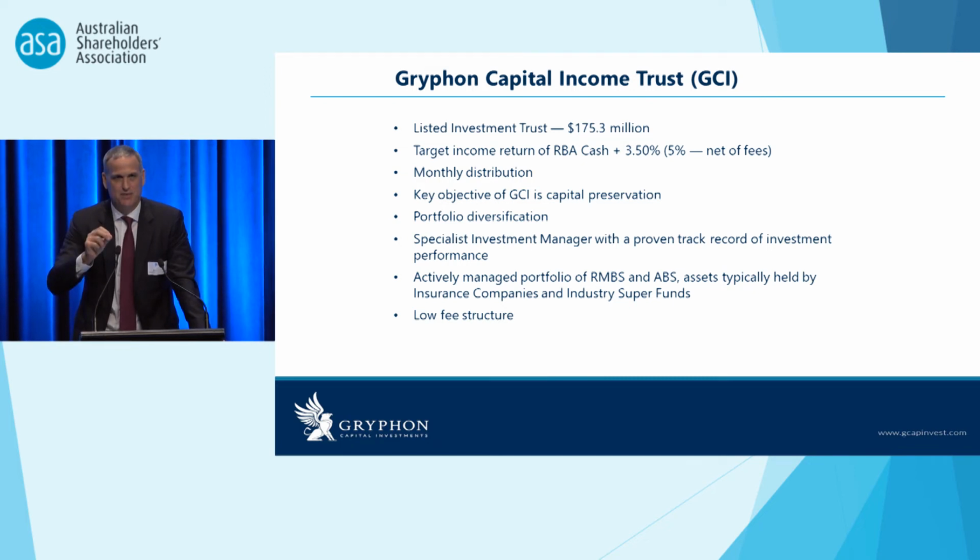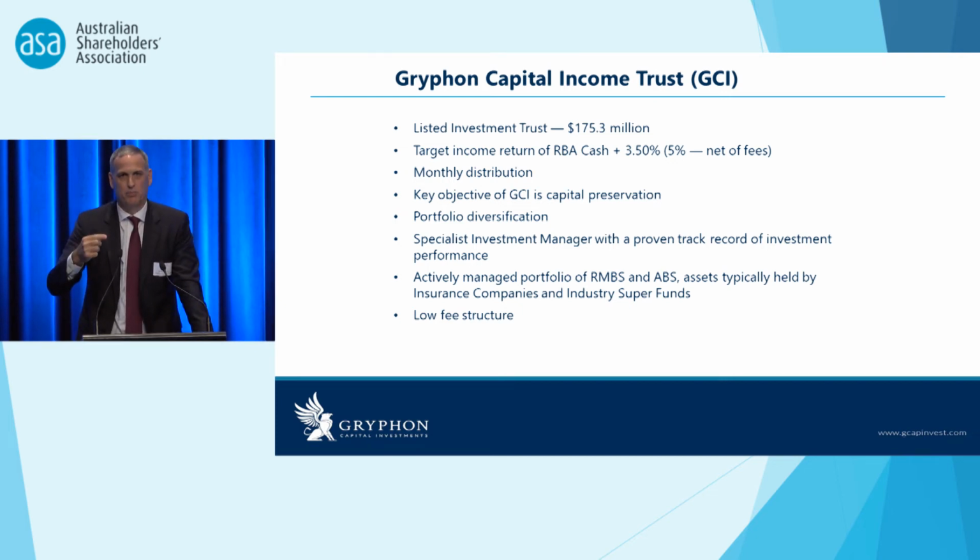So if the cash rate goes up from 1.5% to 2%, add the 3.5%, the total net return will be 5.5%. Likewise, if the cash rate falls from 1.5% to 1%, the total net return will be 1% plus 3.5% equals 4.5%.